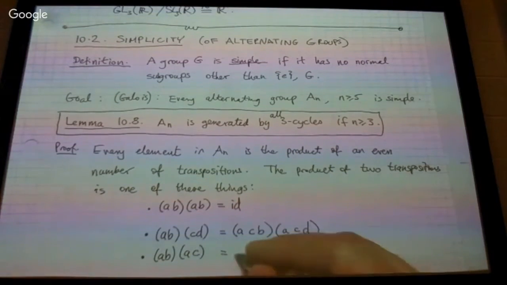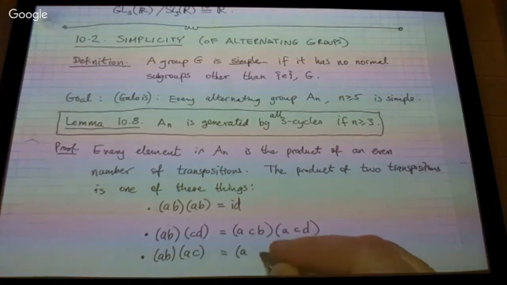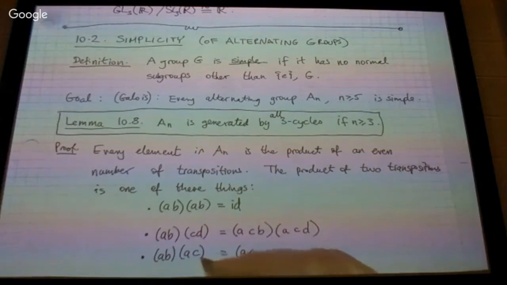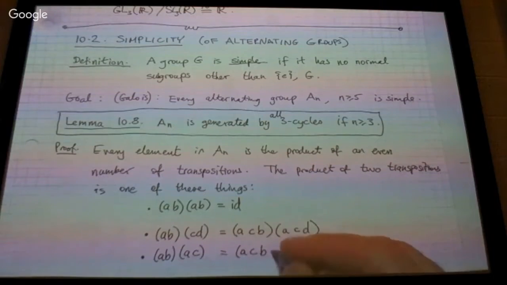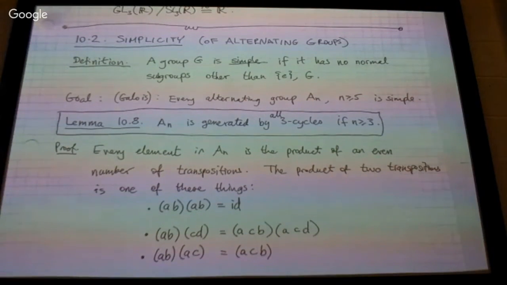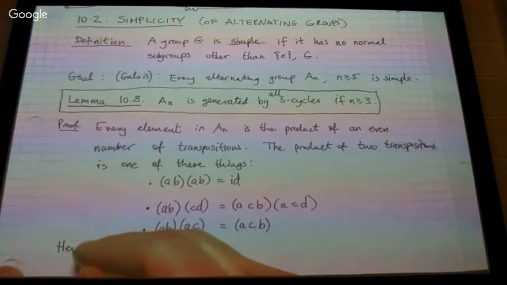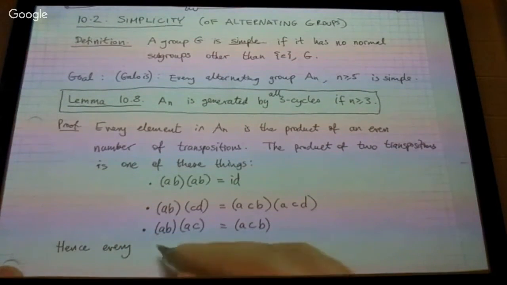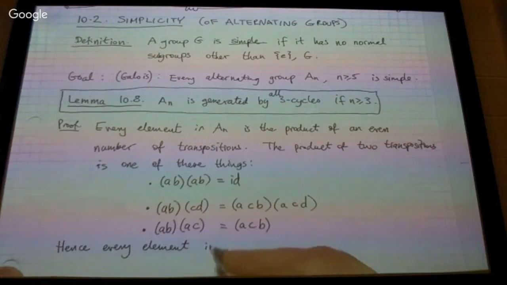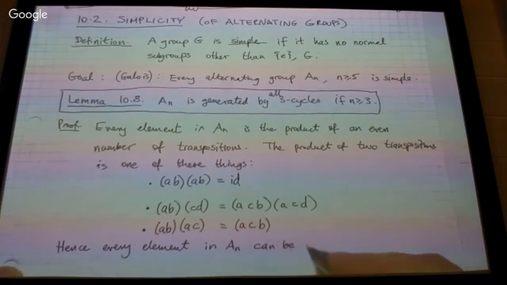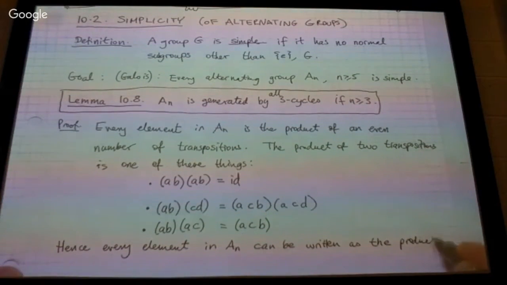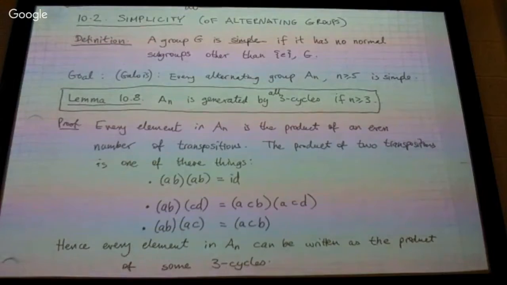But then if you do the product, you find that this is A goes to C, and C goes to A, goes to B, and B has to go to A. So that means that every element in the alternating group can be written as the product of some 3-cycles. That's it. End of proof of this lemma.